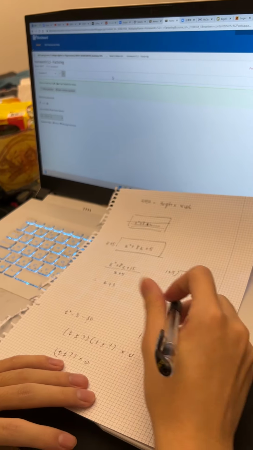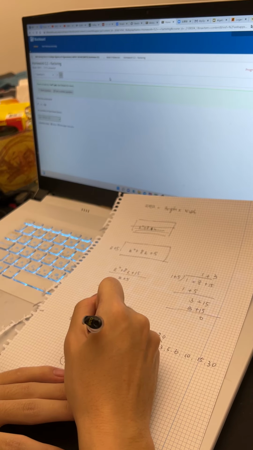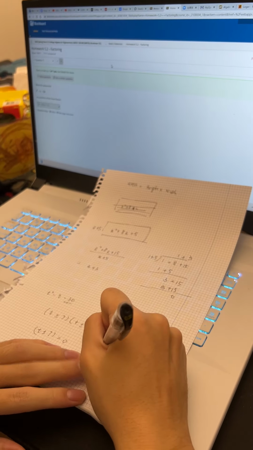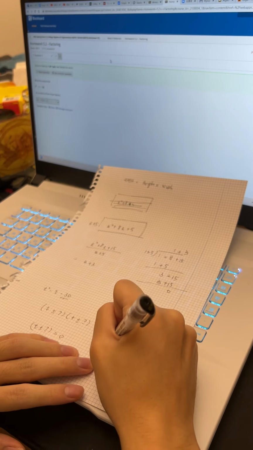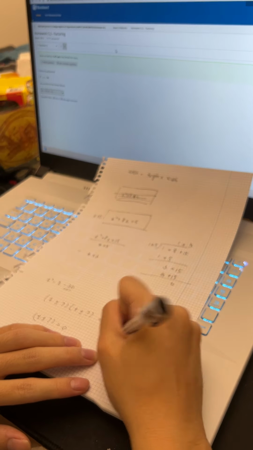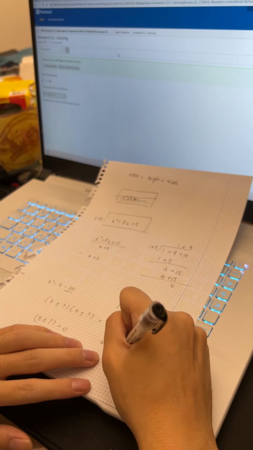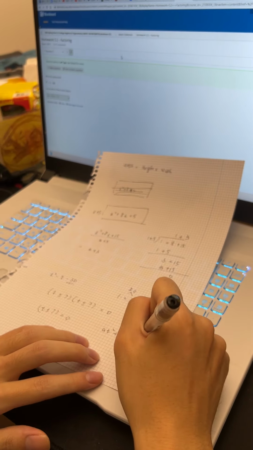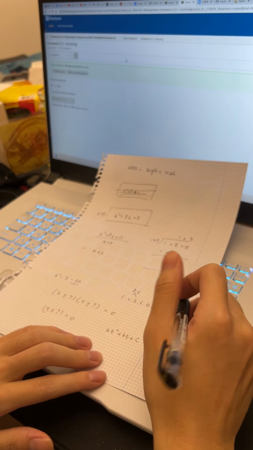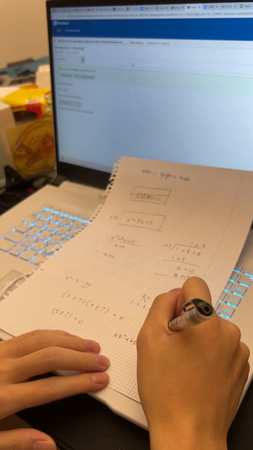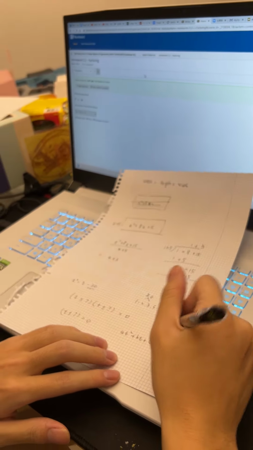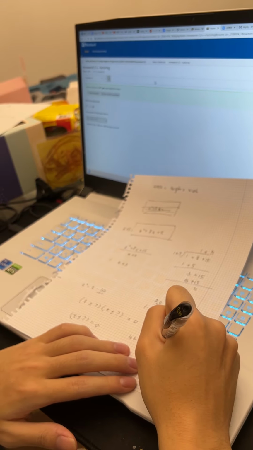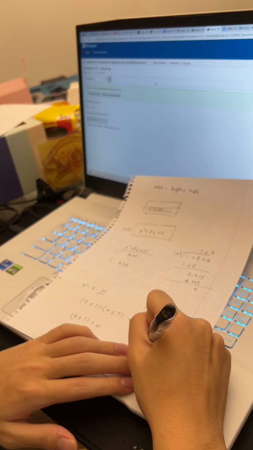And since the last number, there's an equation called at squared plus bt plus c, where the factors of c must somehow add up to become b.